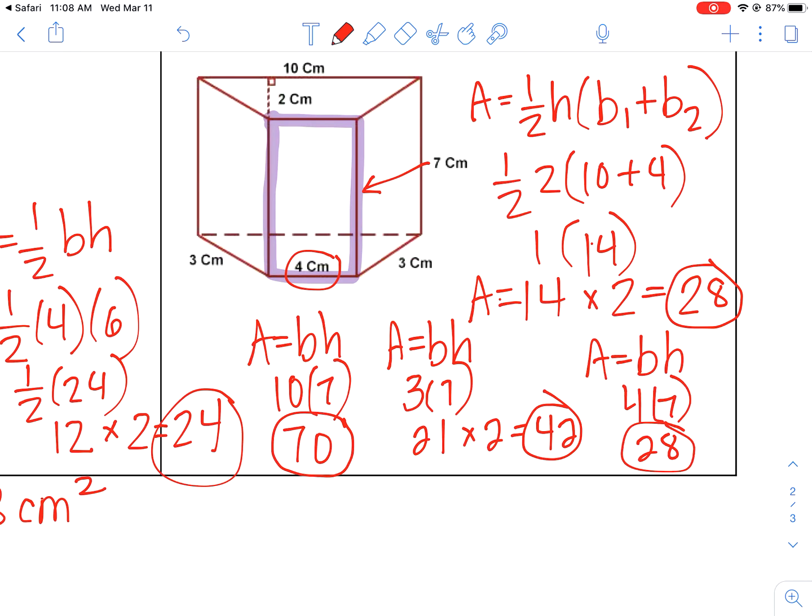So all of my circled values, so 70, 42, 28, and 28 all need to be added together. So 70 plus 42 plus 28 plus 28 give me a total surface area of 168 centimeters squared.